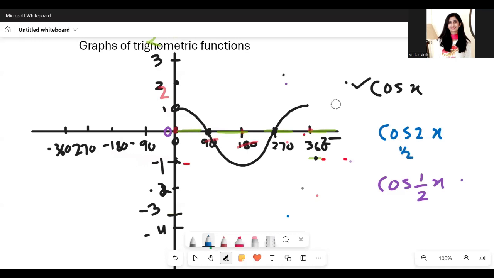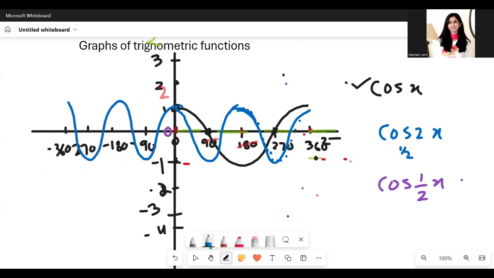So now the graph would look something like this. It finishes its complete cycle at 180 degrees and then it repeats itself. So this is what the graph of cos 2x looks like between 0 to 360 degrees, and yeah, it repeats on either side.